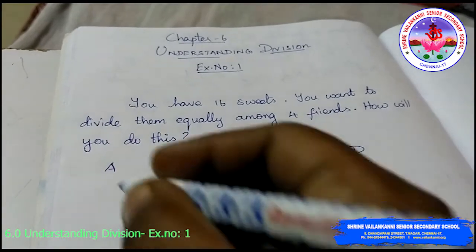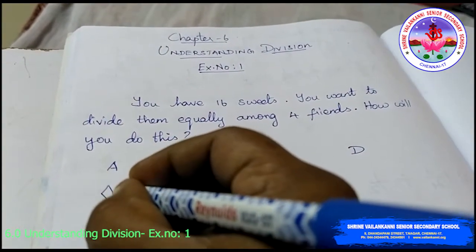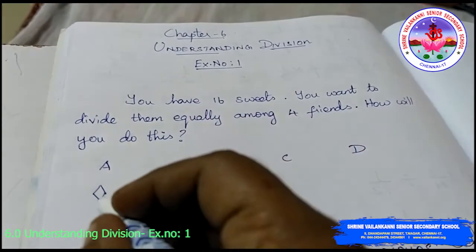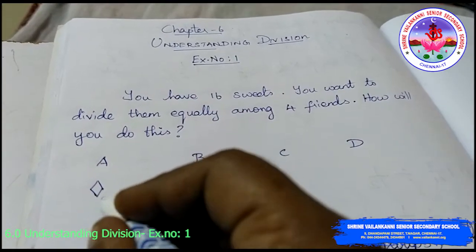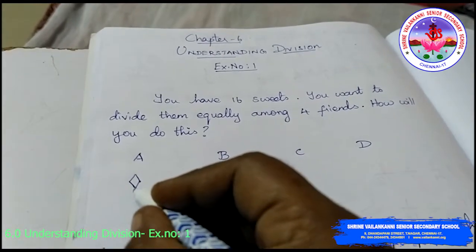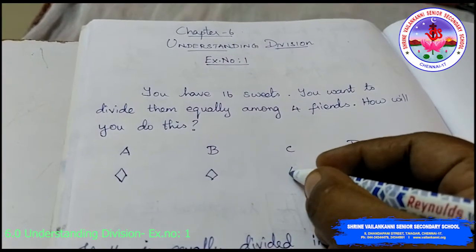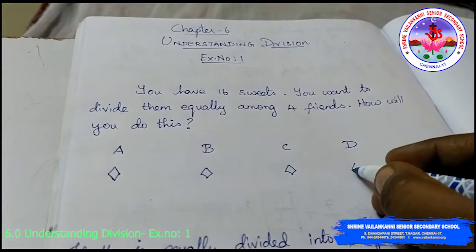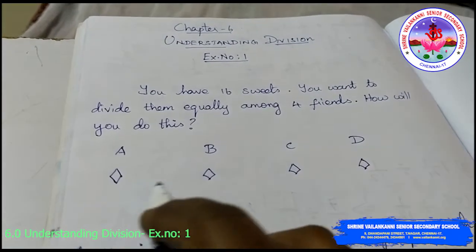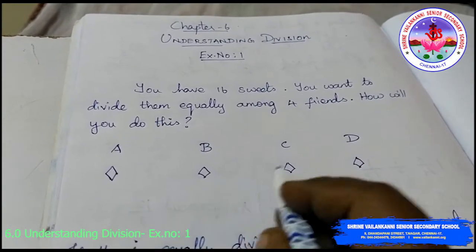I am going to take a diamond shape as one sweet. So 1, 2, 3, 4. The 4 sweets are given to the 4 friends, 1 each.